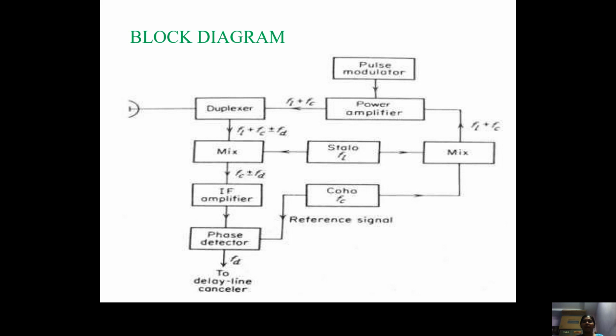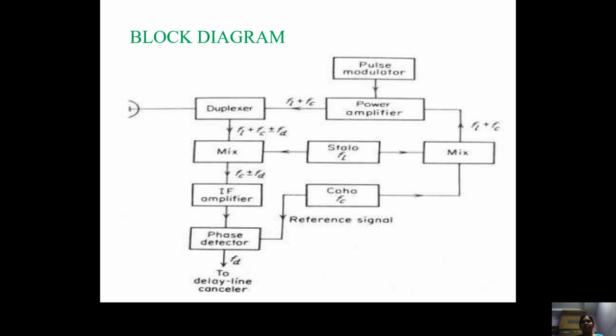Now coming to the operation of this MTI radar with power amplifier. The operation is the same as the MTI radar with power oscillator. In the transmitter section, we just use a power amplifier, which gives us high power gain. Let us discuss the operation block by block.